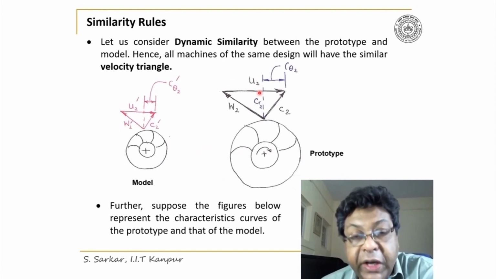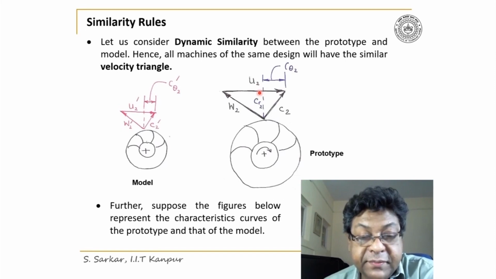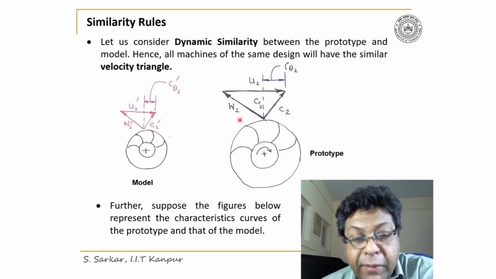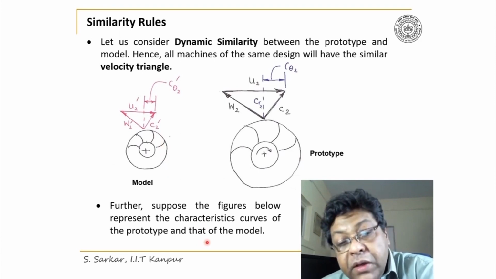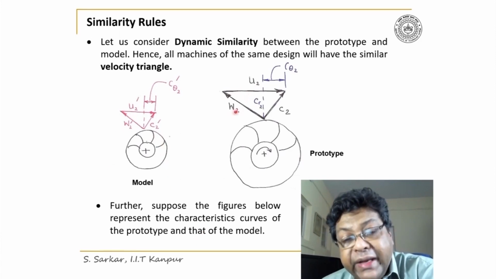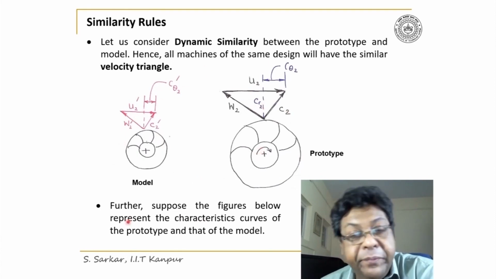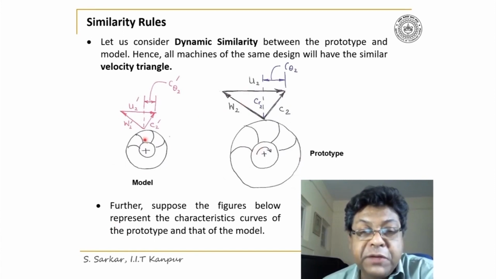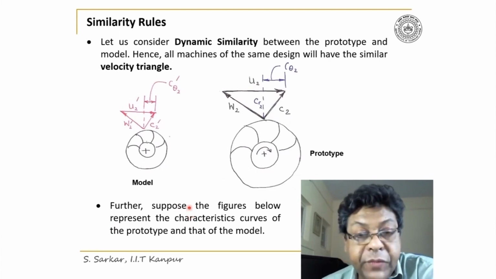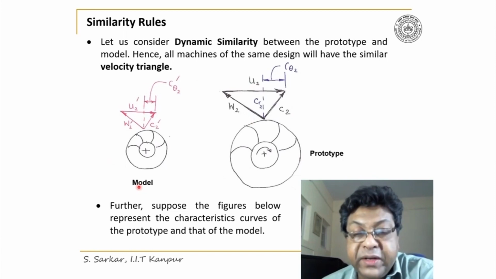That means the ratio of corresponding velocities would remain invariant. That is, u2 by u2 dash is equal to w2 by w2 dash and c2 divided by c2 dash. Furthermore, the corresponding angles between the two triangles must be same. That means beta 2 must be equal to beta 2 dash and alpha 2 must be equal to alpha 2 dash. So thus they are the similar triangle.